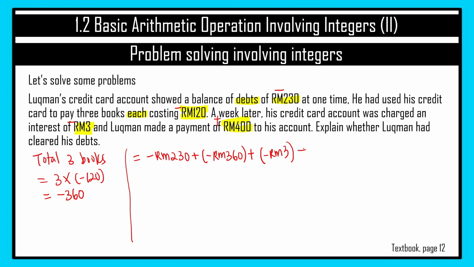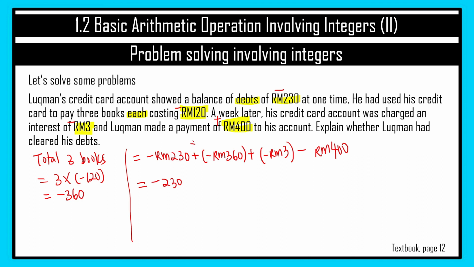So paid money, you need to minus that one, so it becomes RM400. Okay, so we're going to settle the plus minus. So negative 230.